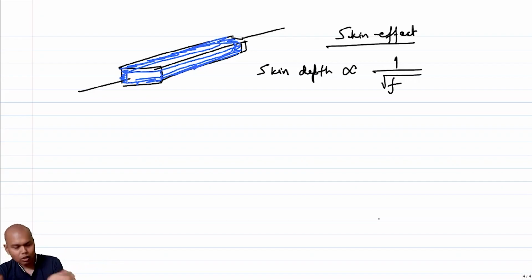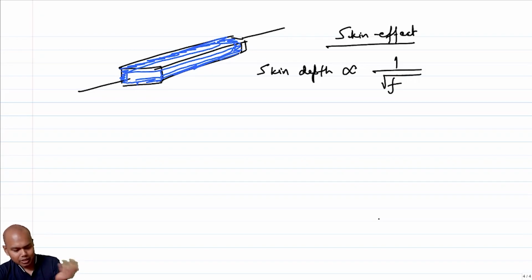All the carriers contributing to signal flow will be localized around the surface, which translates to your overall resistance increasing, because even though you have this big fat wire, the entire wire is not being used for conducting current. Only a layer of electrons is contributing to most of the signal flow.